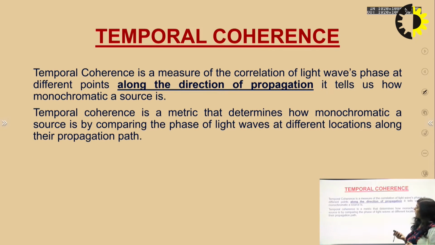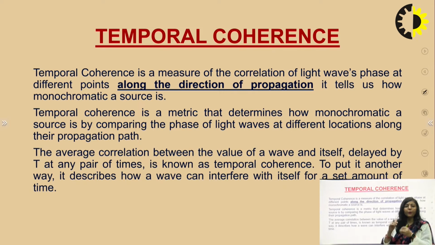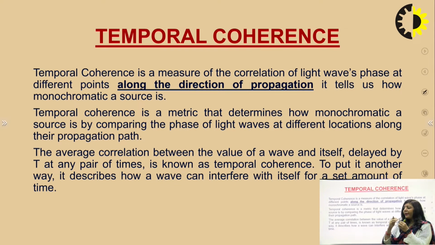In the case of temporal coherence, you have a light source, and from that source you are getting light radiations. Suppose these radiations are propagating along this direction. Along this direction of propagation, we have taken a plane. In that plane there are 2 points, let one point be x and the other y.